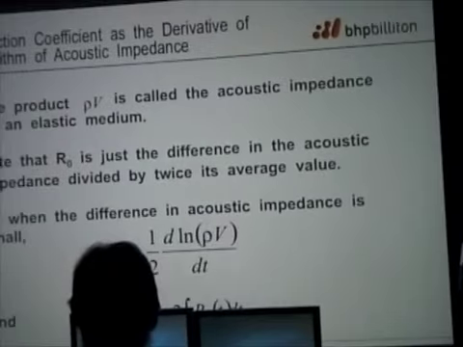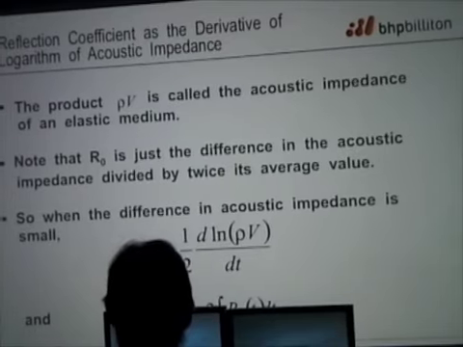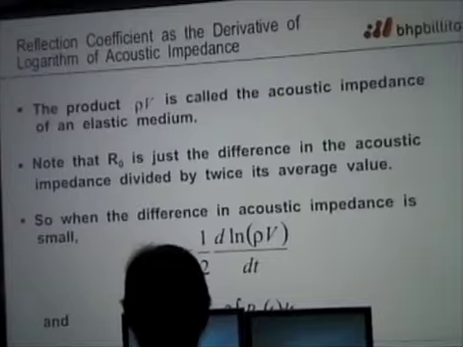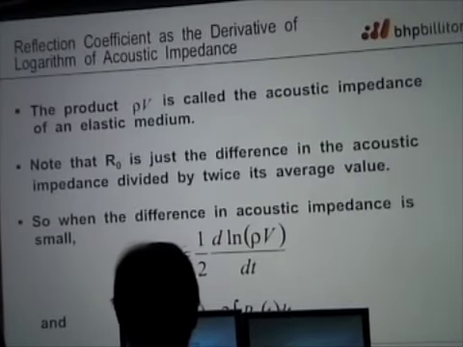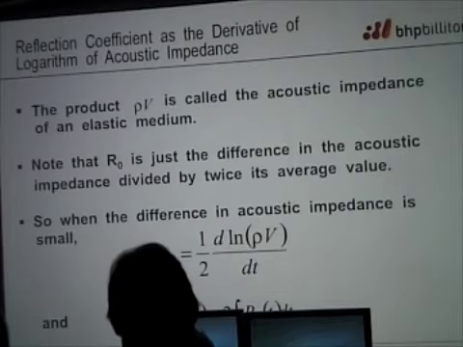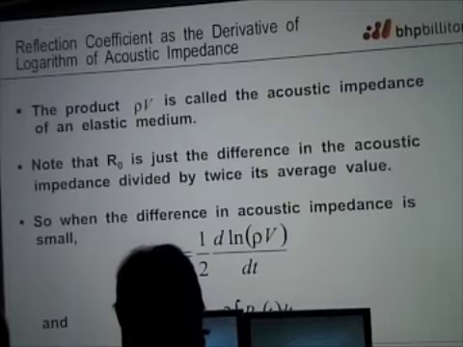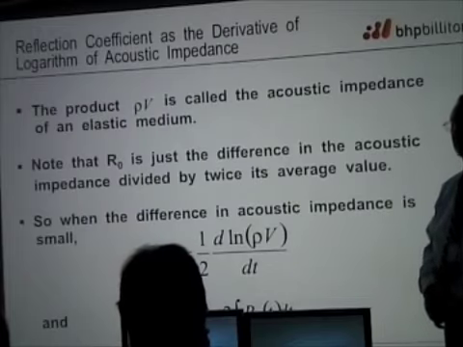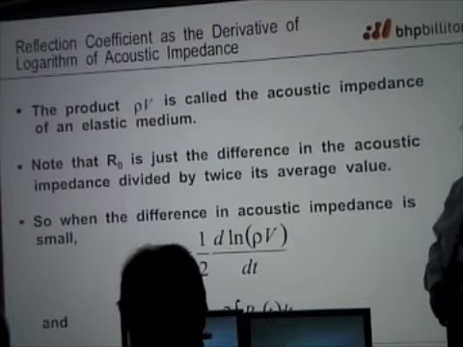There's another little factoid of great value sometimes, and that is the normal incidence reflection coefficient can be thought of as the derivative of the logarithm of the acoustic impedance function. It's just a difference in a function divided by twice that function value, the average value of the acoustic impedance.